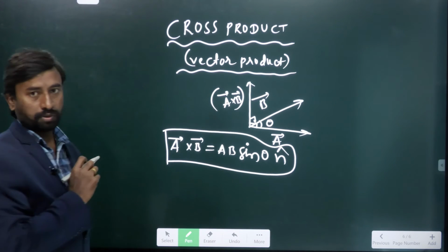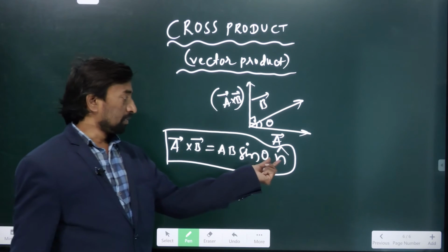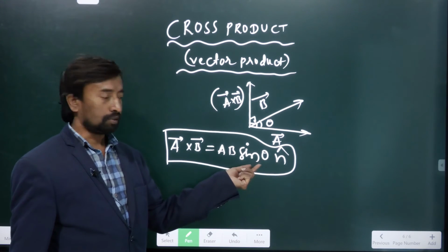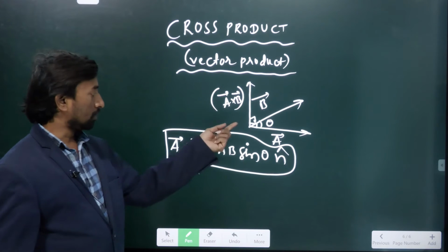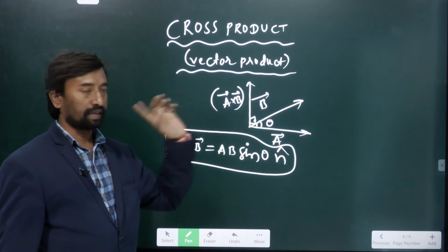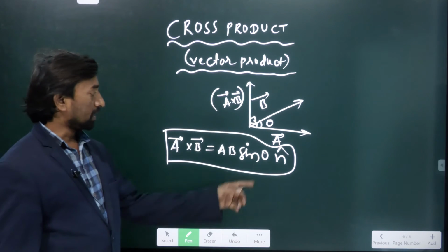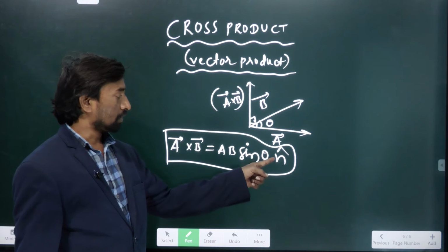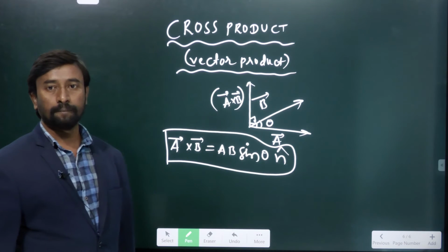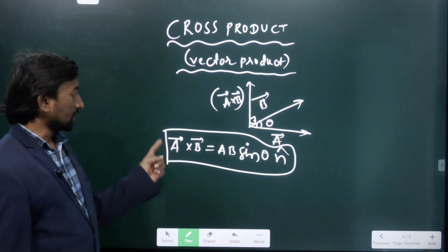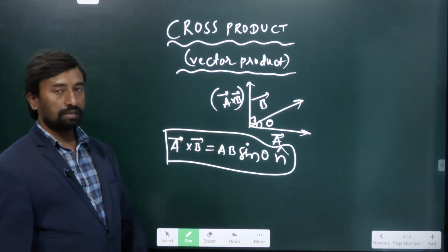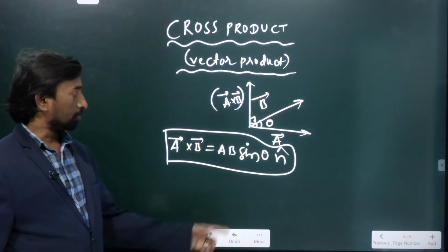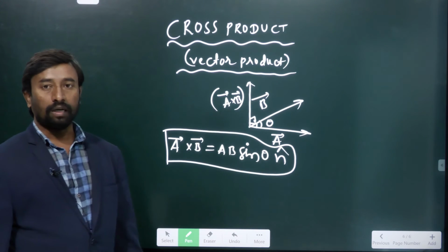Here n cap represents the unit vector which is perpendicular to the plane of the A bar and B bar vectors. To represent that the resultant of the cross product of two vectors is a vector, we have written n cap.